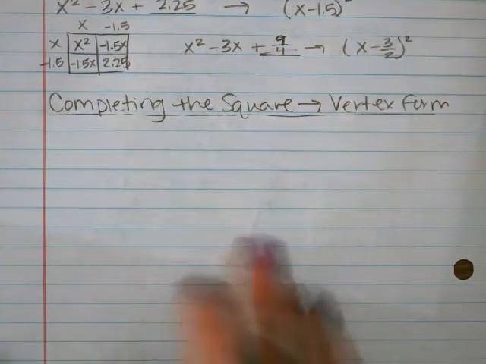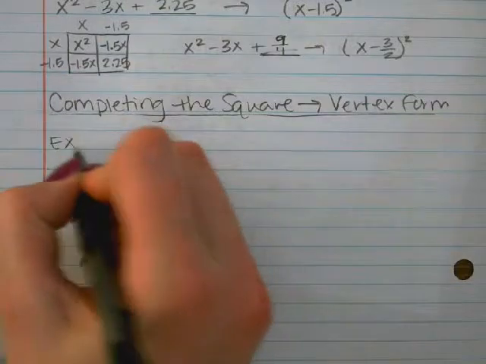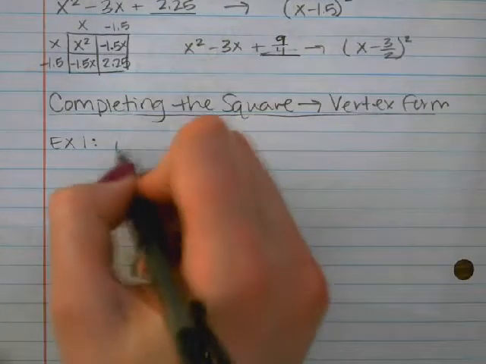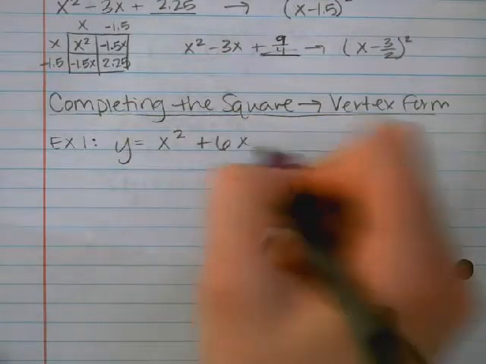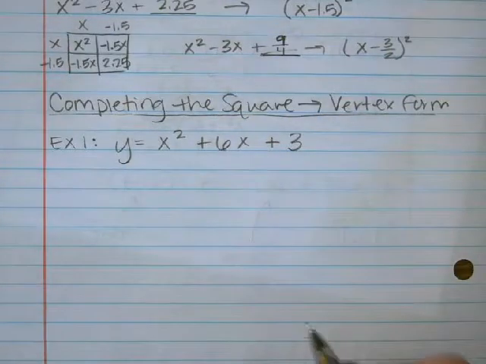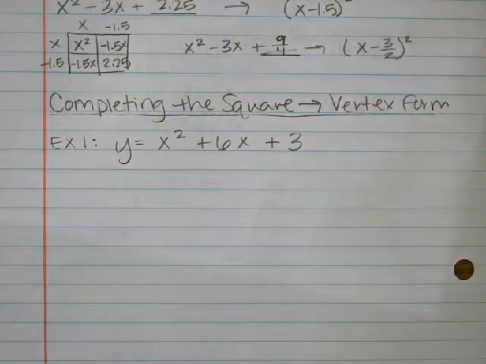So the problem that we're going to start with is we're going to say y equals x squared plus 6x plus 3. So if we think back to the problems that we just did, do we want that 3 sitting right there? Did we have a number in the problems we just did? No, we didn't.